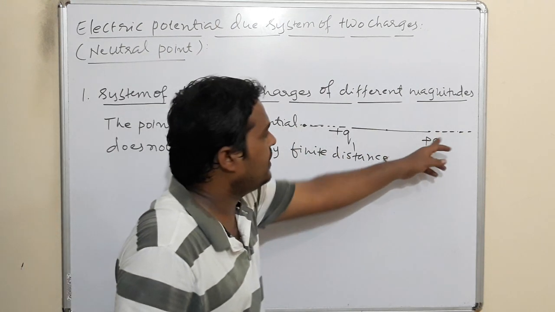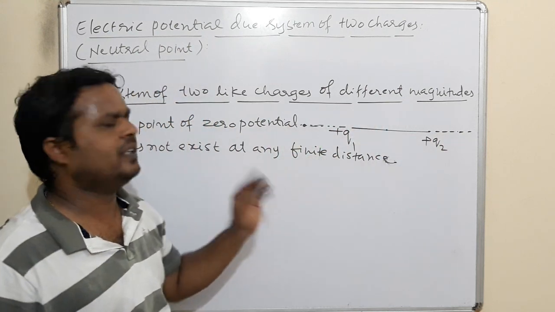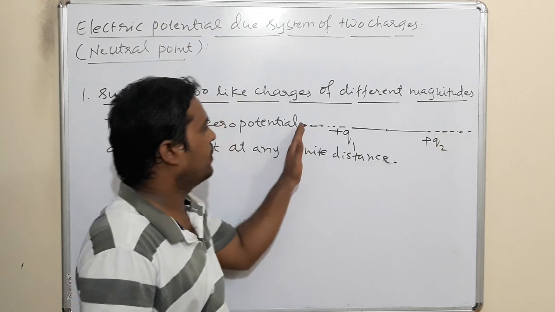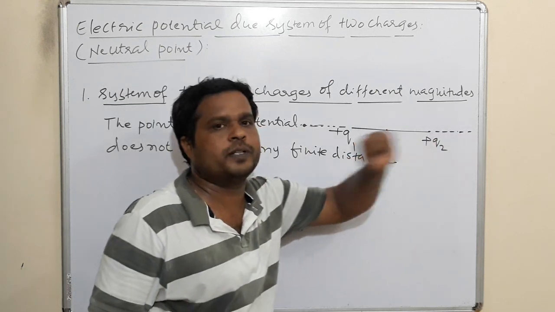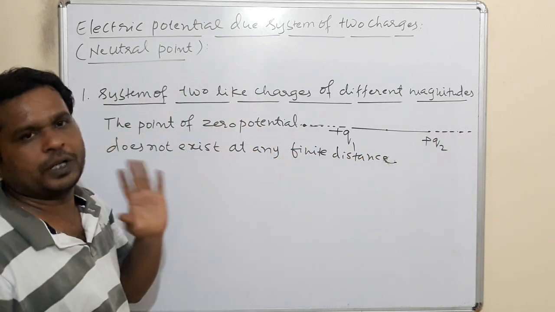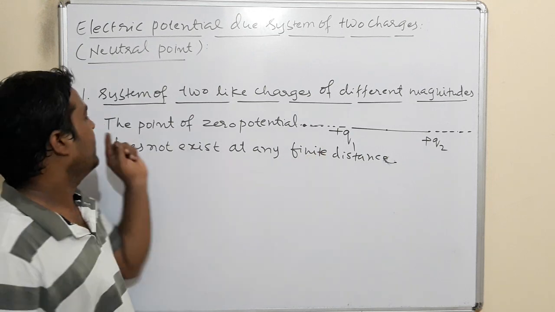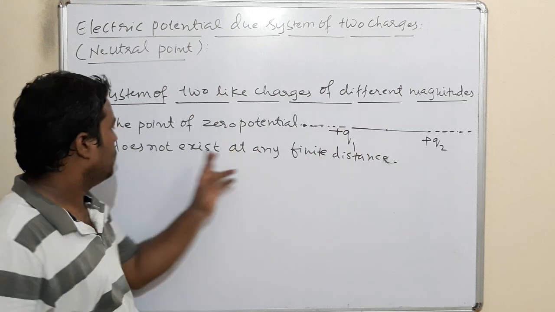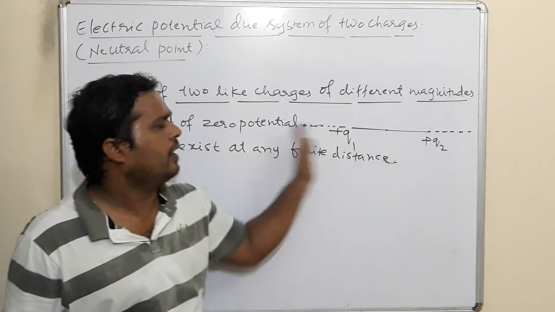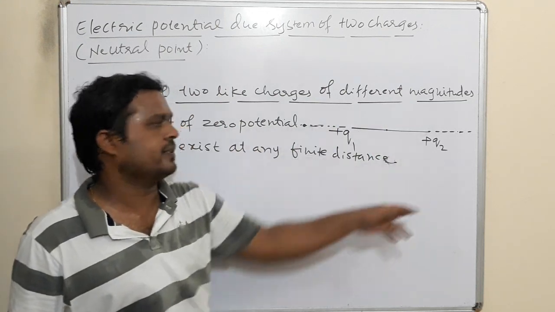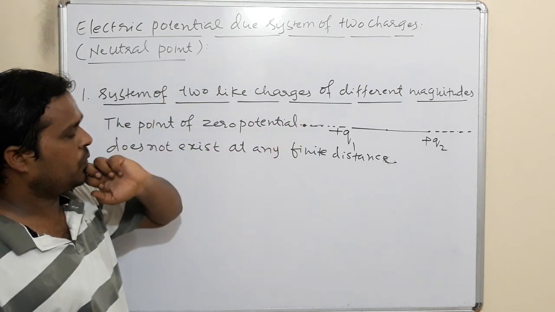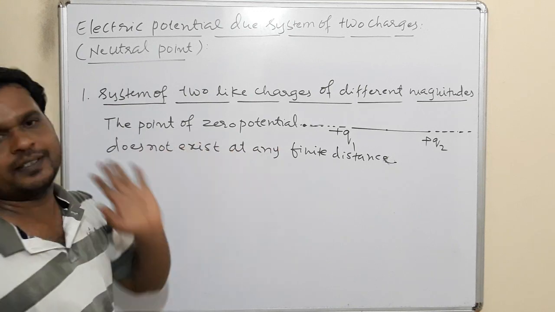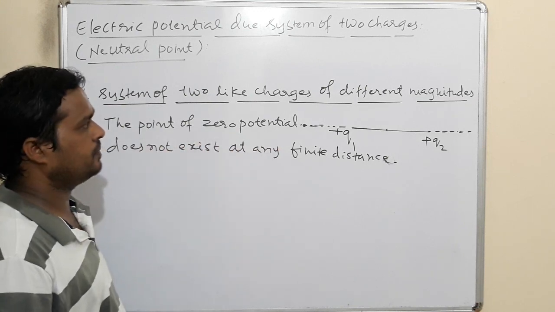So at all these points, the total electric potential will be positive: V1 plus V2, V1 plus V2, V1 plus V2. There exists some potential at all the points. A point of zero potential is not possible anywhere at finite distance around this system. Therefore, a point of zero potential does not exist at any finite distance.